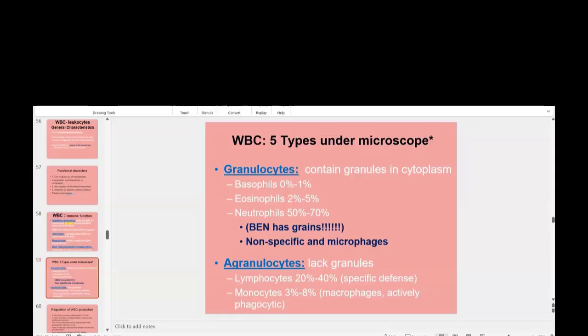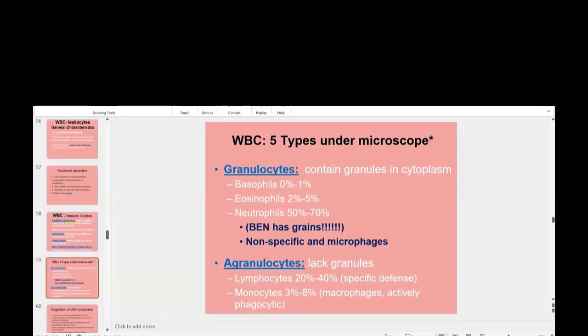To say that they have granules would be misleading, because those are actually secretory vesicles and lysosomes. Don't think that granules means some grains over there. We'll call them granules because even the agranulocytes also have a very limited number of these secretory vesicles.